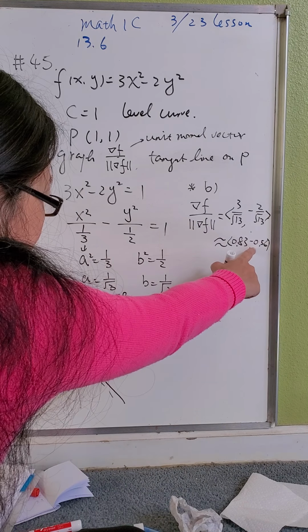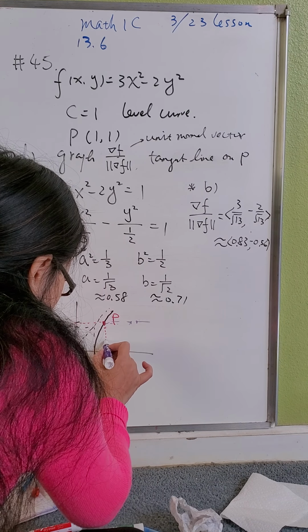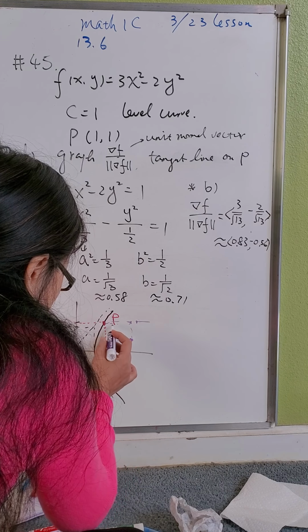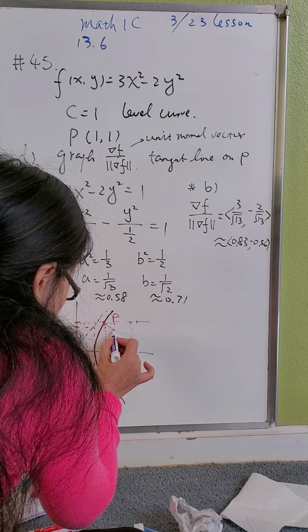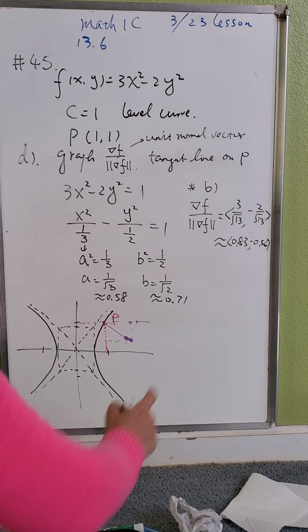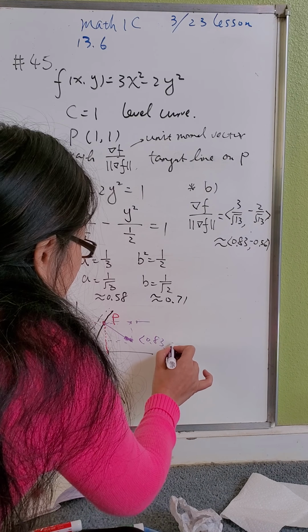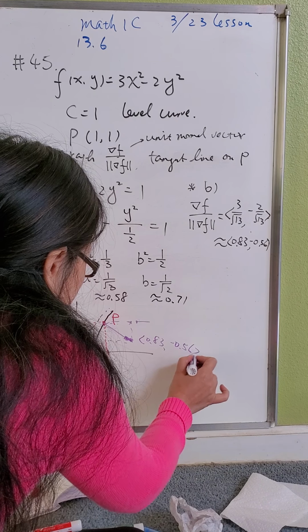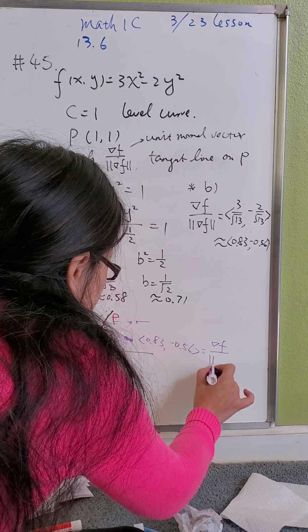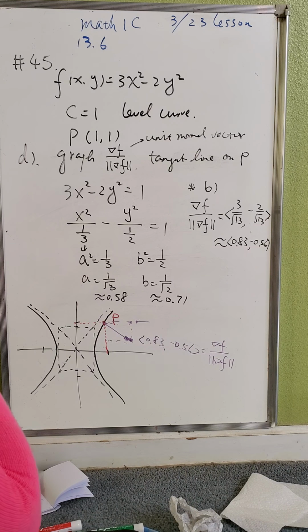And then you're going to go down, negative means you go down a little bit more than half of it. So right here. So that is this vector, 0.83, negative 0.56. That's your unit normal vector.